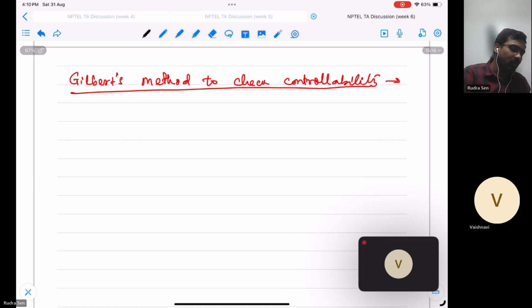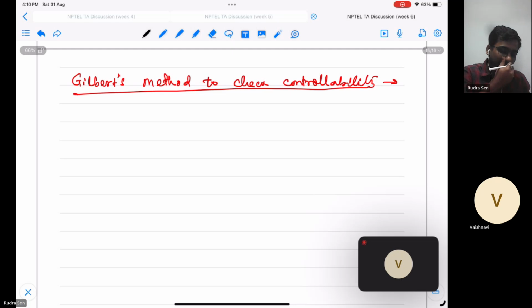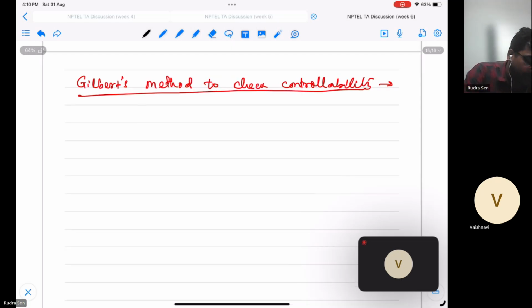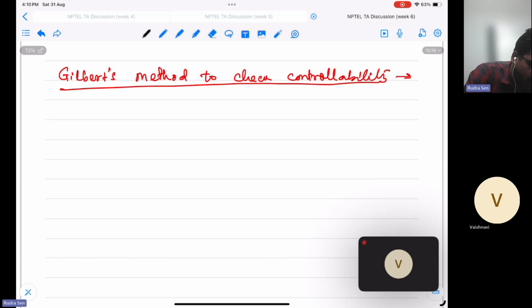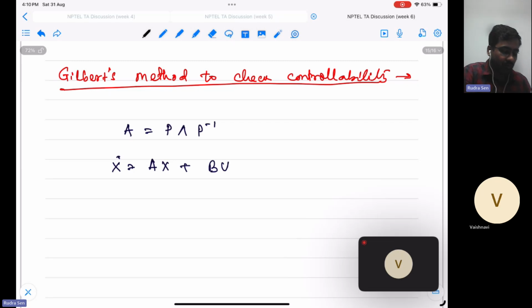In Gilbert's method we basically use the diagonalization process to check the controllability. As we have seen, A equals P lambda P inverse, for x dot equals AX plus BU.